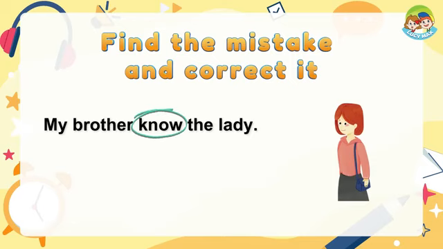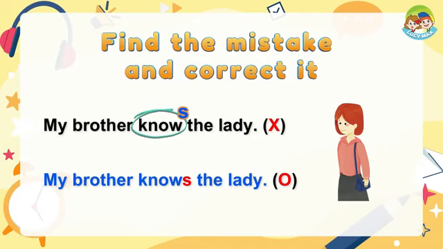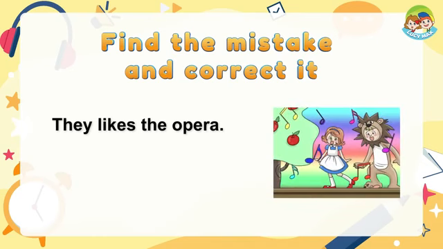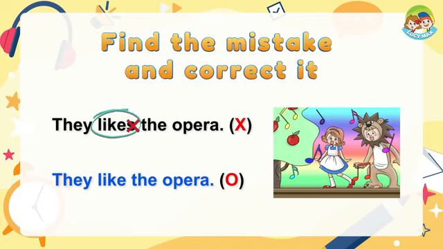The verb know should have an S. My brother knows the lady. They likes the opera. Likes should not have an S. They like the opera.